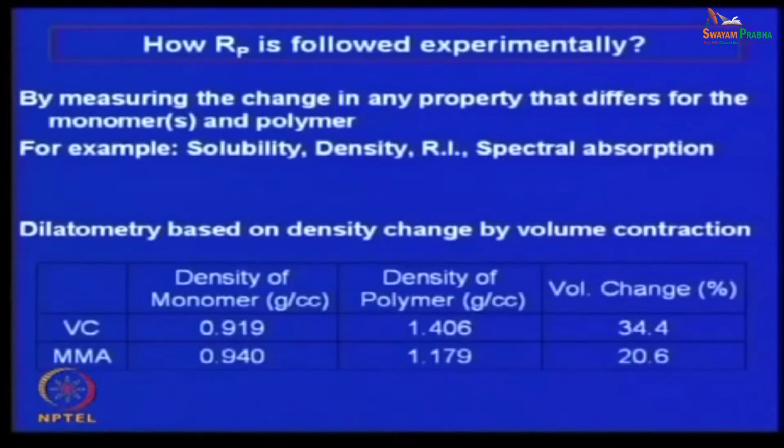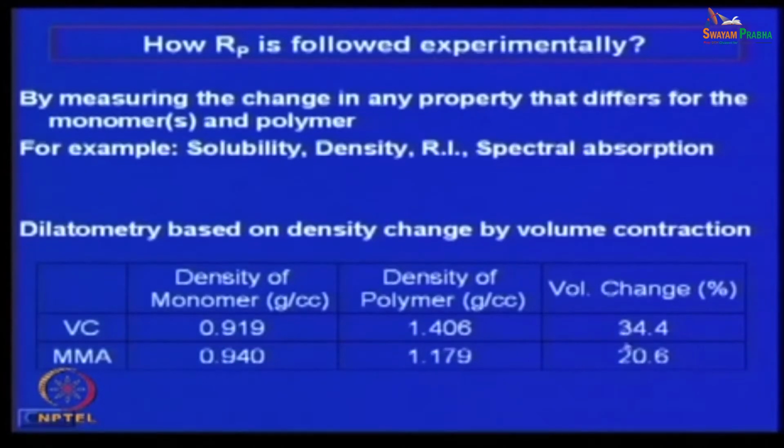Or if you have some instrument like UV or other spectroscopic instrument, with the help of those you can also evaluate the rate. Now, in a dilatometric experiment, with the help of a dilatometer, based on density change by volume contraction, in cases of vinyl chloride polymerization and methyl methacrylate polymerization, this was the density of the monomer, then the density of the polymer.